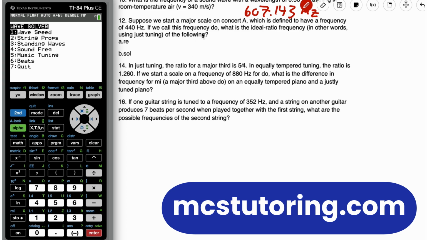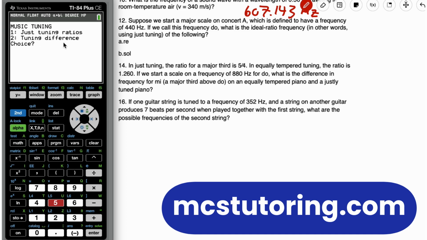Suppose you start a major scale in concert A, which is defined to have a frequency of 440 hertz. If we call this frequency do, do, re, mi, fa, sol, la, ti, do, what is the ideal frequency ratio, in other words, using just tuning, of the following? I think this is a sound frequency problem, or is it music tuning? Let's try music tuning.